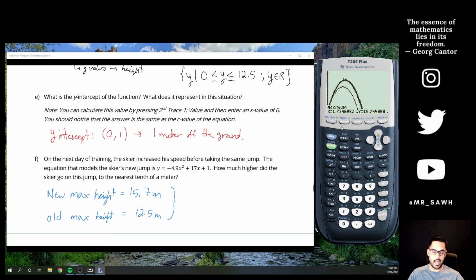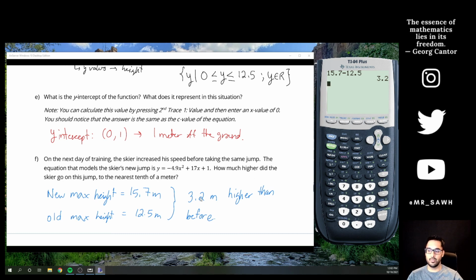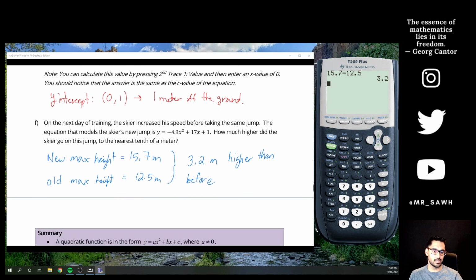So if I subtract those two numbers, 15.7 minus 12.5, well, now I know that they went 3.2 meters higher than before. Right? I could find the new maximum, compare it to the old one, so I know they went 3.2 meters higher than before.